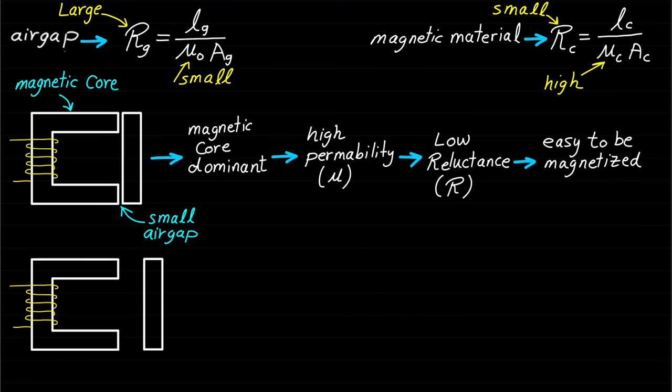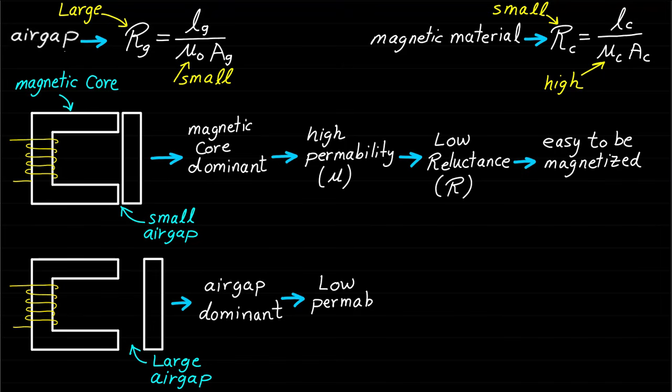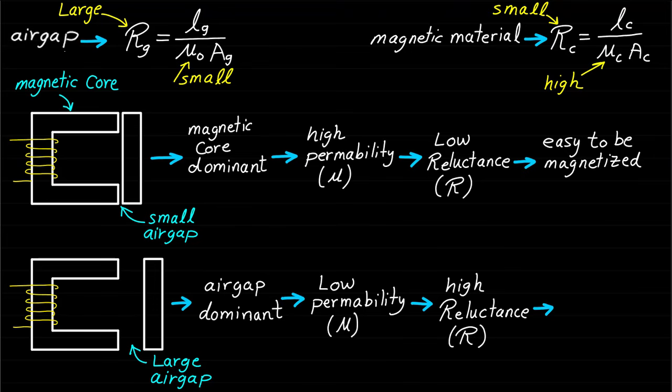However, when the magnetic circuit has a large air gap length, the air gap is going to be dominant, and therefore the magnetic circuit will have low permeability and high reluctance. Therefore, a magnetic circuit with a large air gap requires high excitation current or magnetizing current to be magnetized and saturated.